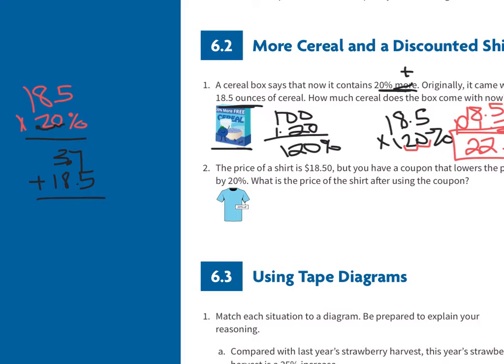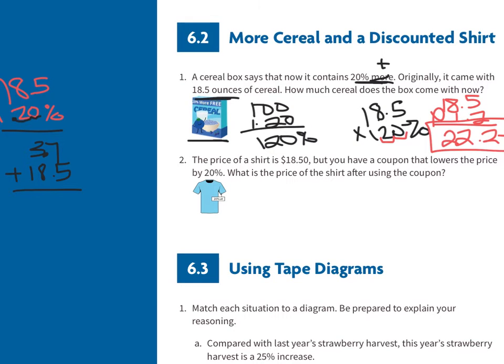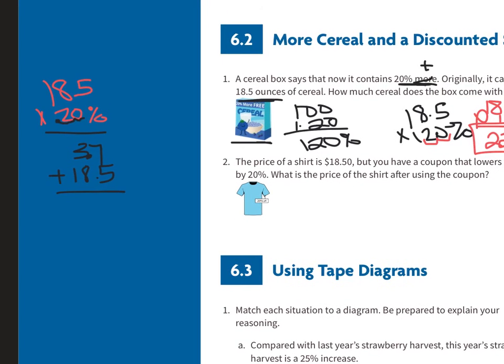Okay. Number 2, the price of a shirt was $18.50, but you have a coupon that lowers the price by 20%. What's the price of the shirt after using the coupon? Well, we know 18.5 times 20% is 3.7 from problem number 1, right? So coupon means we're going to subtract.